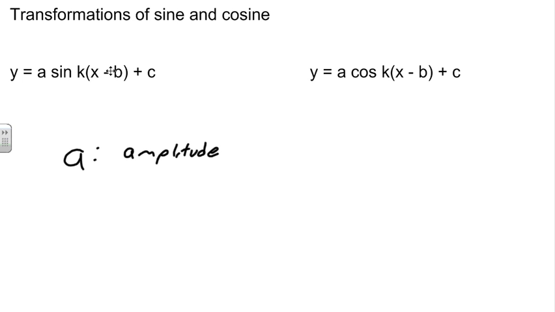We know when you subtract something from x in parentheses, the b is going to create a horizontal shift. If you subtract something, it'll shift it to the right. If you add something, it'll shift it to the left.